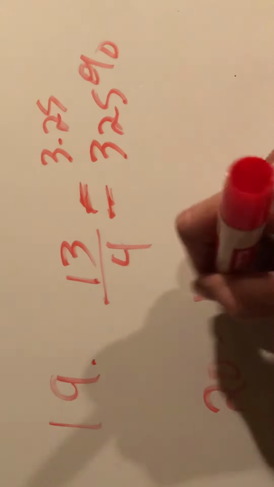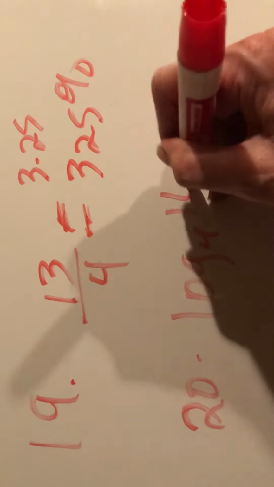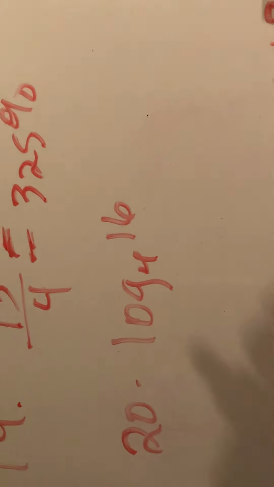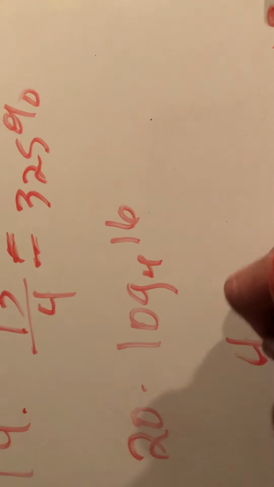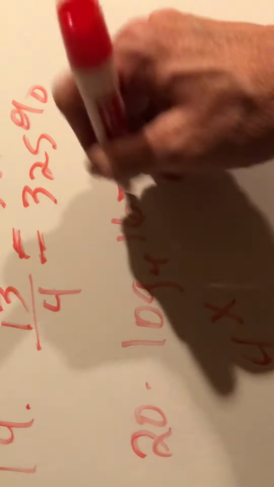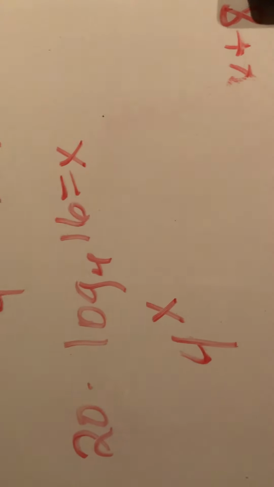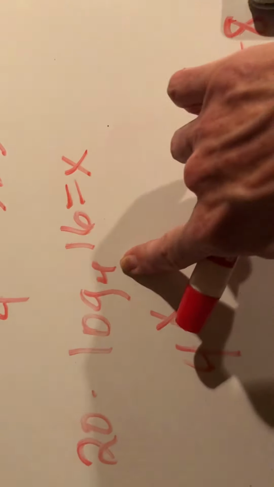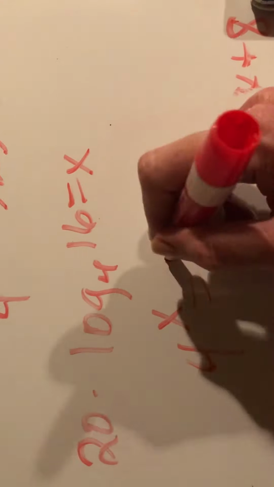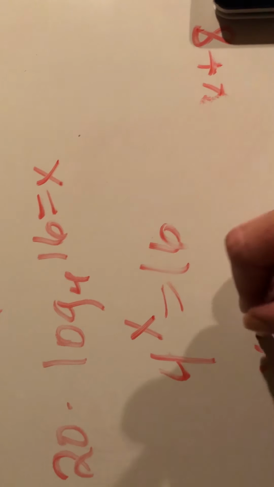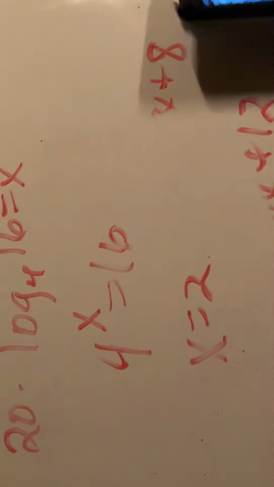Then for number 20, you want to evaluate log base 4 of 16. Several different ways to do this. You could rewrite it exponentially as 4 to the x equals 16, because this is your base, that's your exponent, that's your answer, which would obviously be 2, because 4 squared is 16.